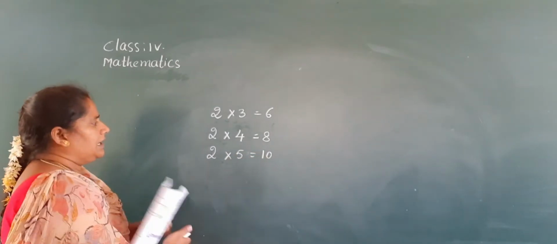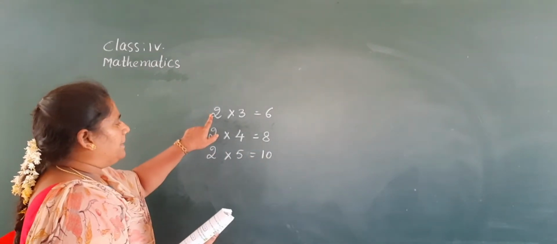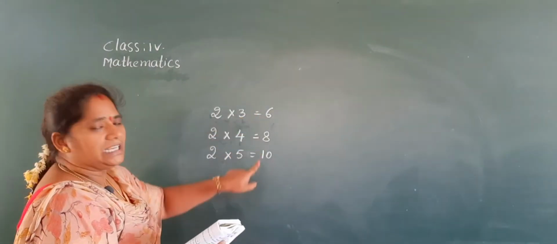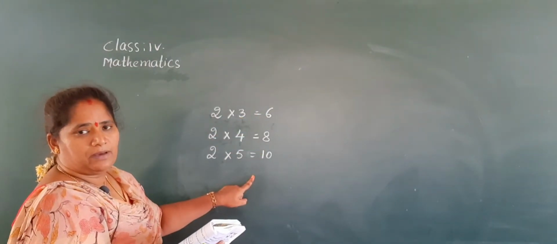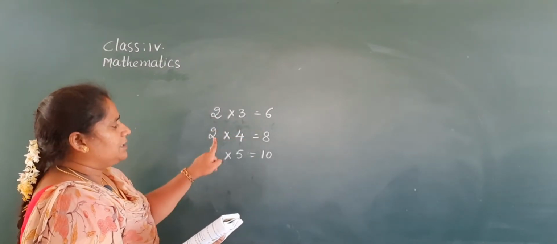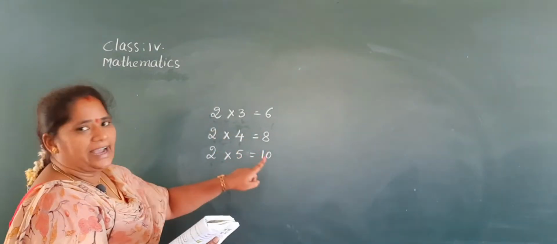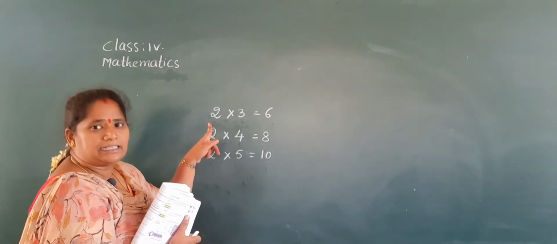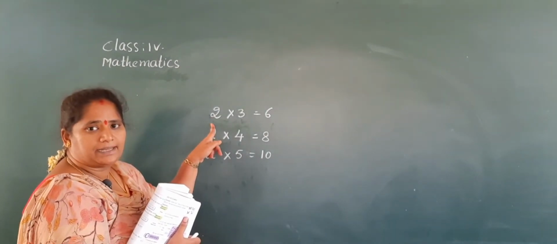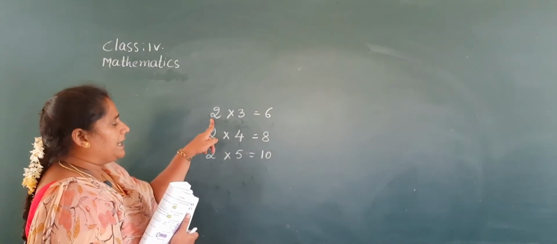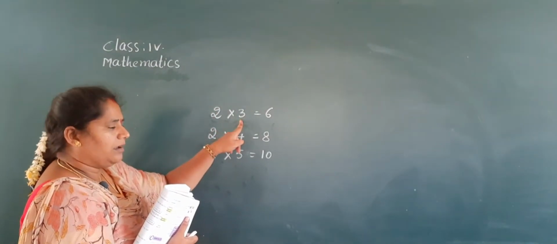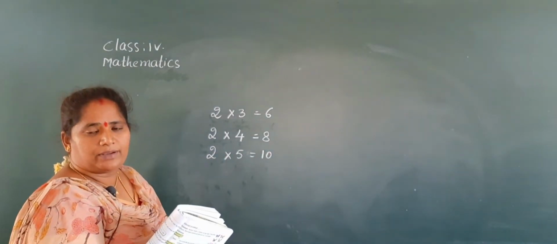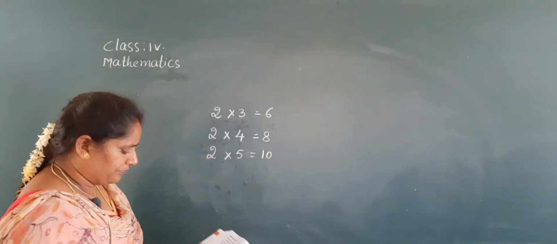See here, if an even multiplicand is multiplied by an odd or an even, we get even numbers only. So 2 3s are 6, 2 4s are 8, 2 5s are 10. Is it clear to you, children? This is the even multiplicand. So when an even multiplicand is multiplied by an odd or an even, we get an even number only. Okay? Next.